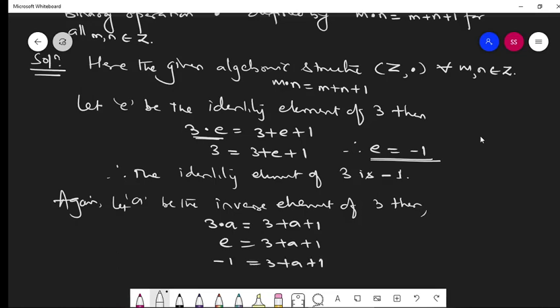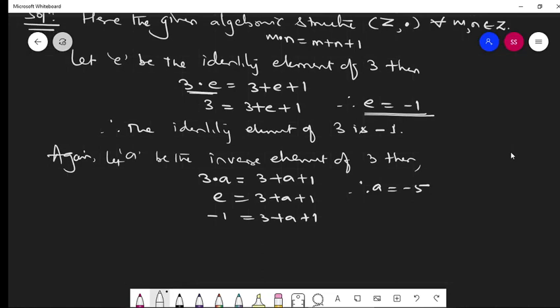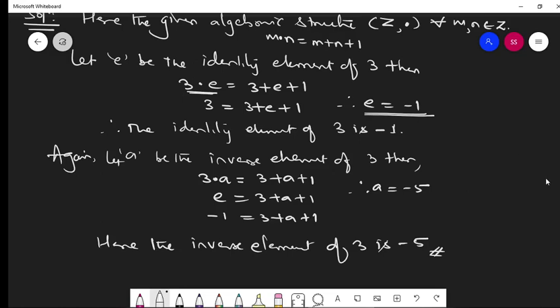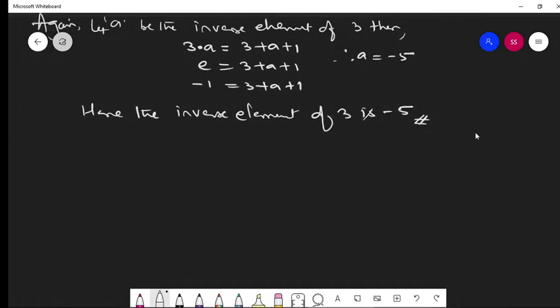And 3 dot a is E, since the inverse element satisfies a asterisk a dash equals E. The value of E is minus 1, so minus 1 equals 3 plus a plus 1. 3 plus 1 is 4, shifting to the left, therefore a equals minus 5. Hence the inverse element of 3 is minus 5. First part is completed.